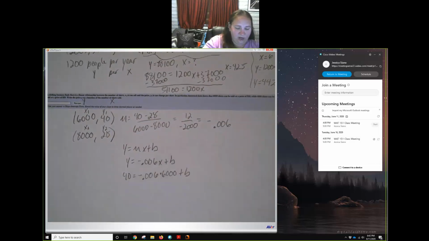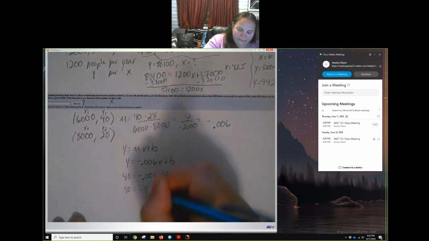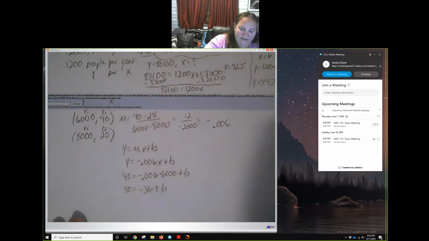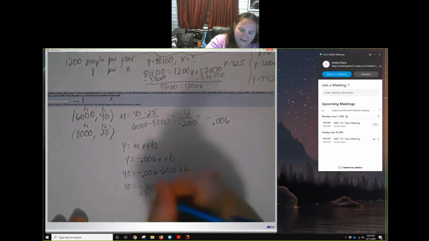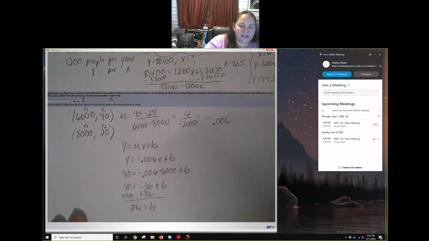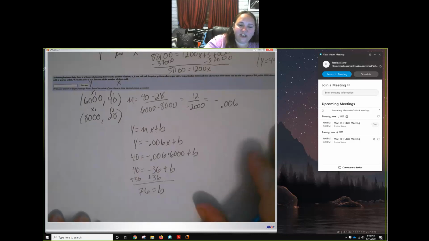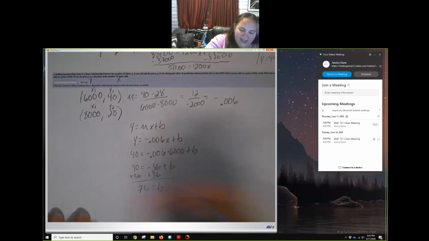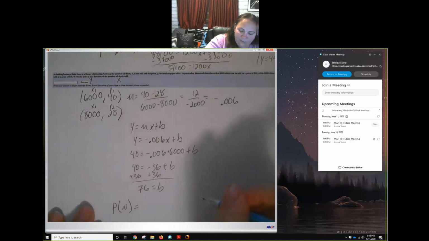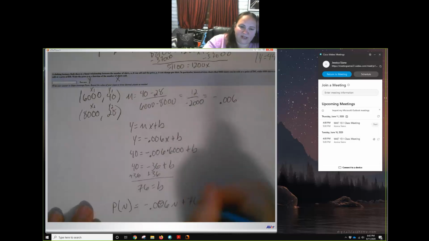So negative 0.006 times 6,000 is negative 36. Add the 36 to both sides. And b equals 76. So then in the function notation that they want, you would say P of N equals negative 0.006N plus 76.